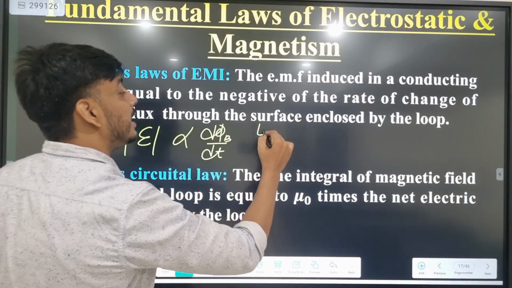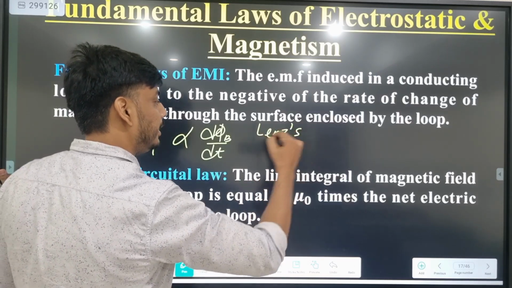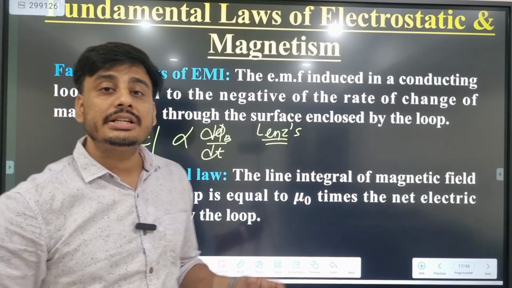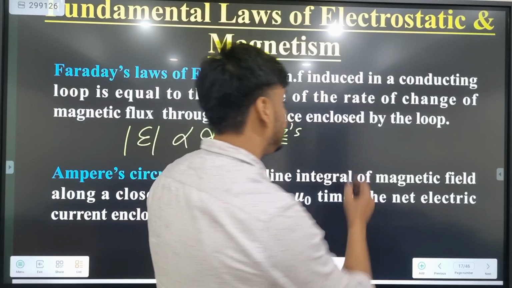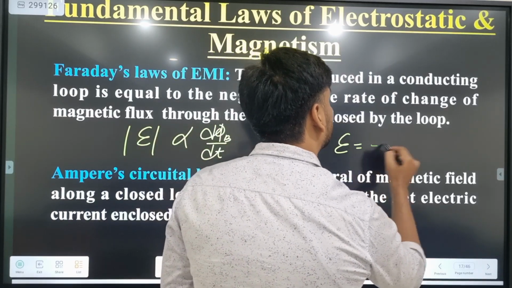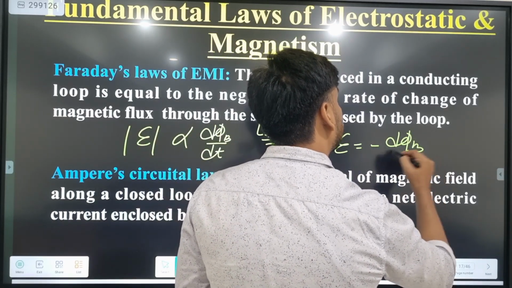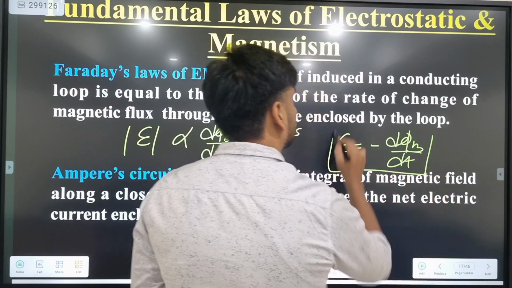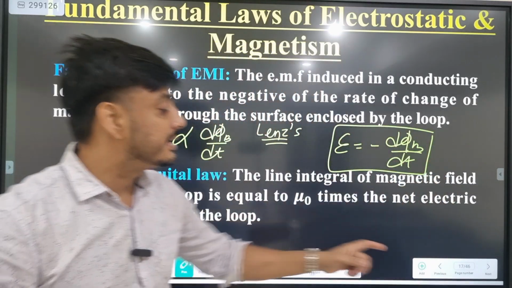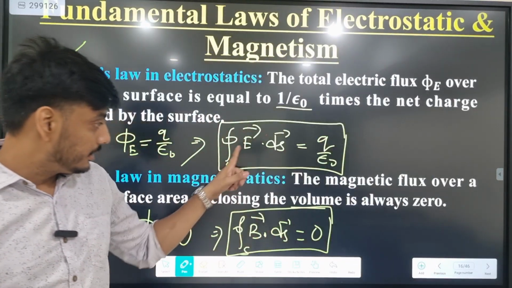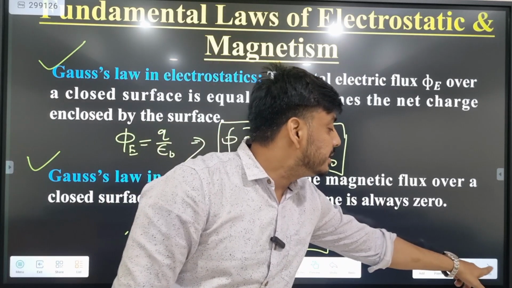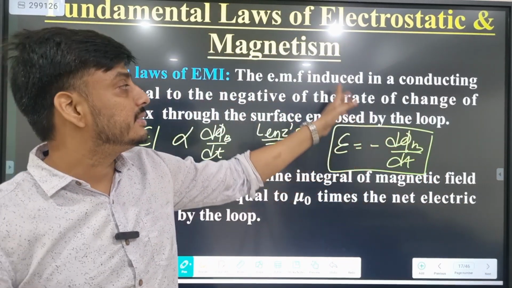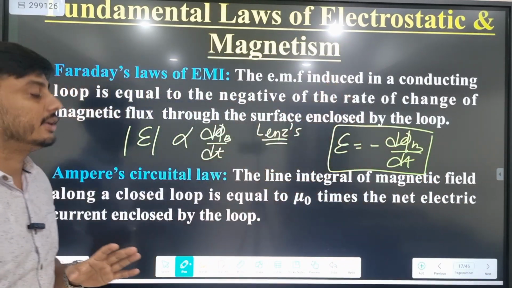Then there is Lenz's law, which states that the two are opposite. Similarly, we can directly write EMF equal to minus d phi by dt. So the electric field is written as E and the EMF as curl E. This is Faraday's law of electromagnetic induction.